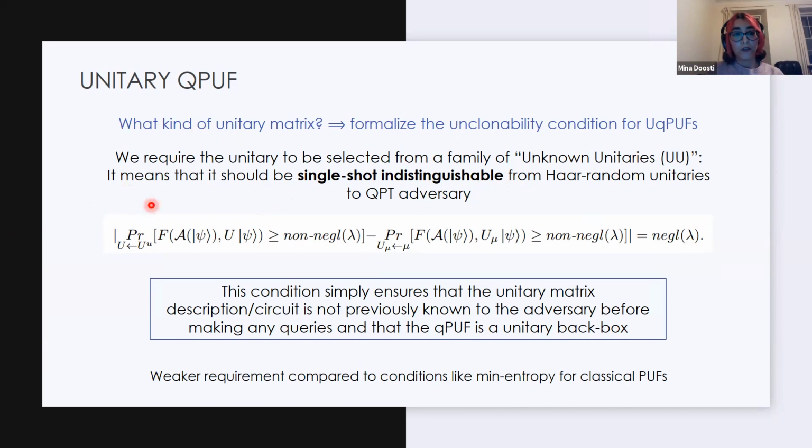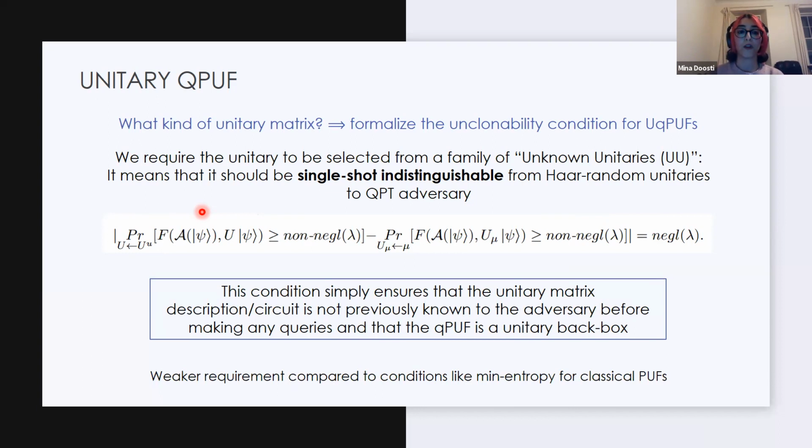An unknown unitary is basically single-shot indistinguishability from a Haar random unitary. So we require the PUF, on a single shot, before doing any query on any given quantum state that we select at random, to be indistinguishable from the Haar measure.